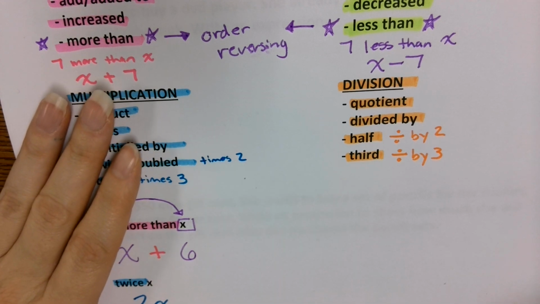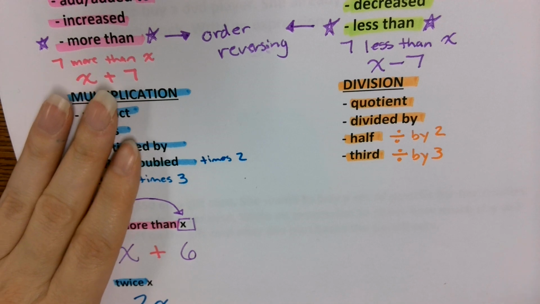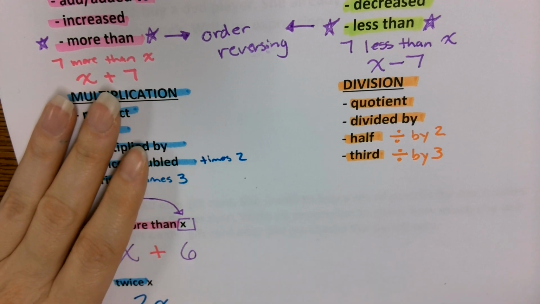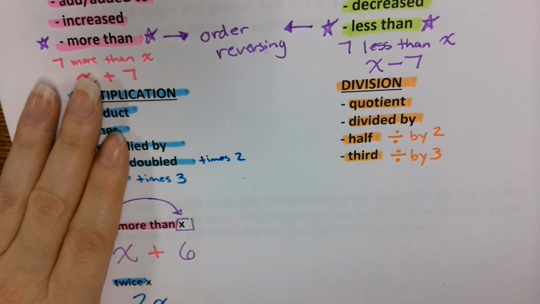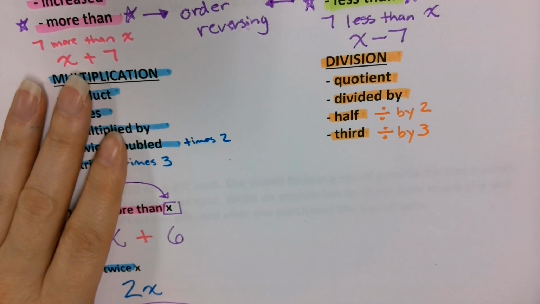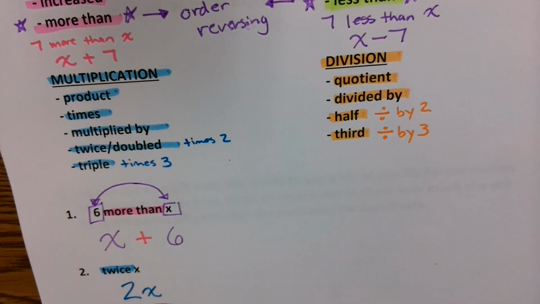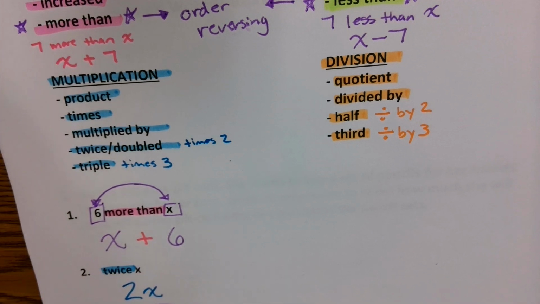Okay. We're going to lie about my age for a second. We'll say that you are 22 years less than my age. So are you going to do 22 minus my age to get to yours? No. You would take my age, subtract 22, and you would get your age, right?